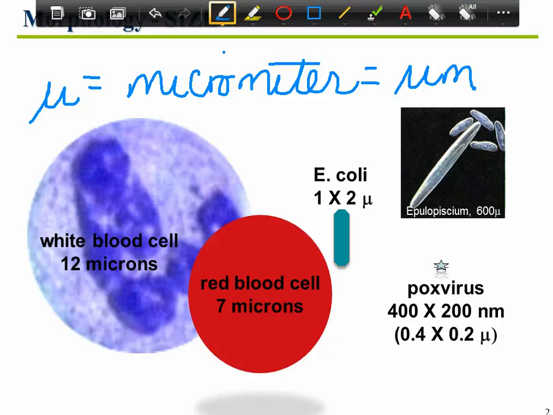You can see a white cell and a red cell are many times bigger than an E. coli cell. Most bacteria are in the half of a micron up to maybe 2 microns. There are some exceptions to the rule, though. If you look at the picture over here, this is obviously a dark field, but these 4 guys right over here are paramecium.